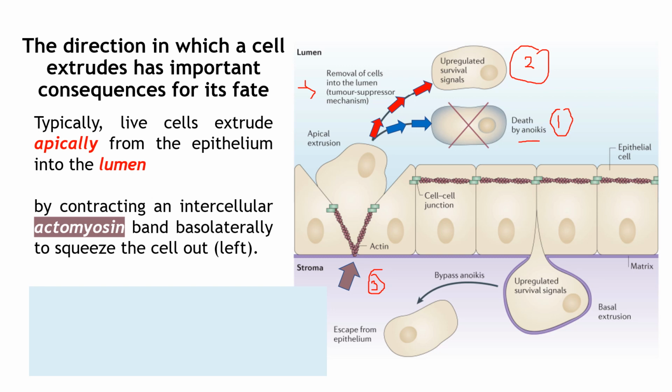So remember, here is the apical region, here is the basal region, and this region is closer to the basal, but this is the basolateral region. This is where the actin is going to be located and reorganize. In the other cells it is located in this region. Here it's going to move and squeeze the cell outside.